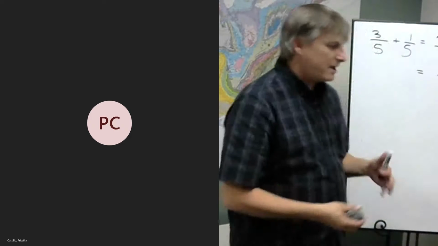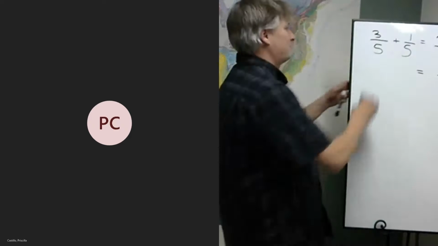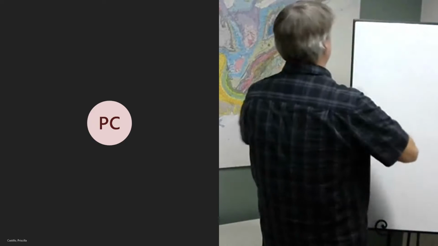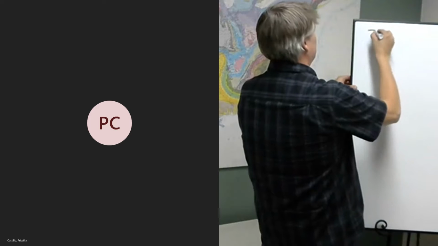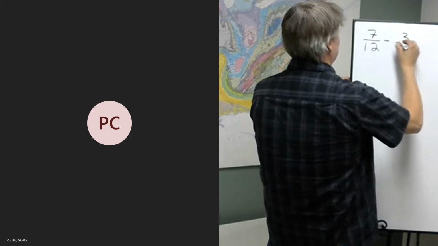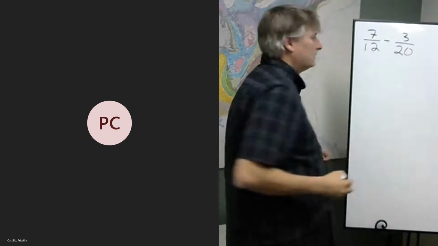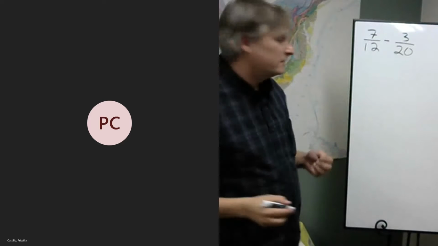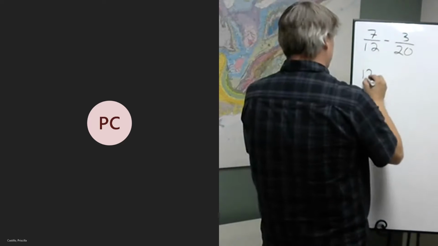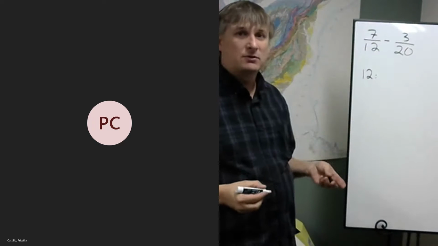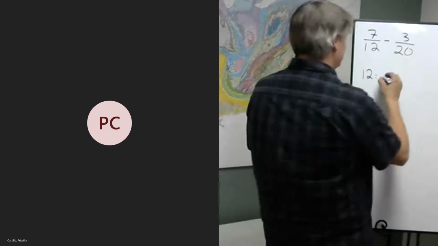Now, if we have different denominators, we need to come up with a common denominator. So one way we can do this, let's look at the prime factorization of each denominator.